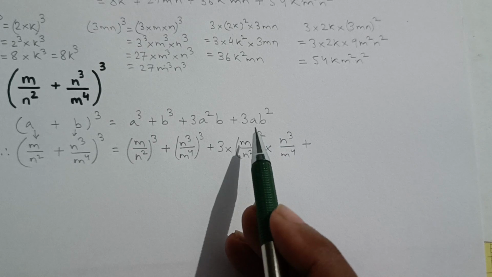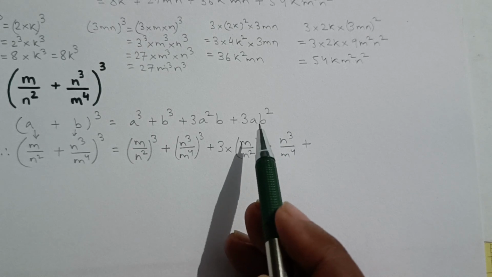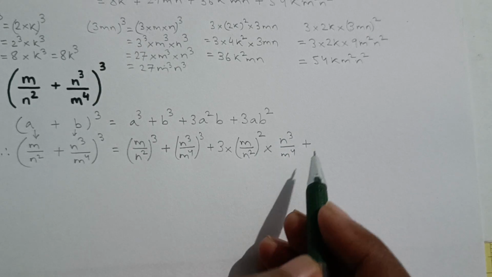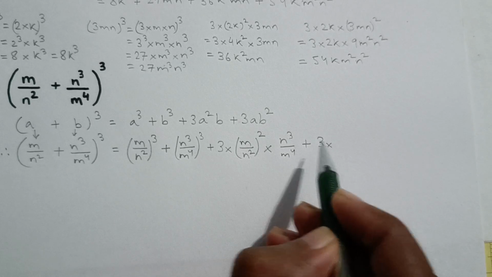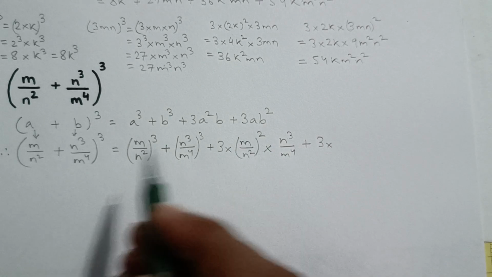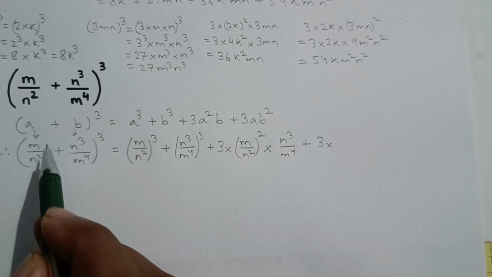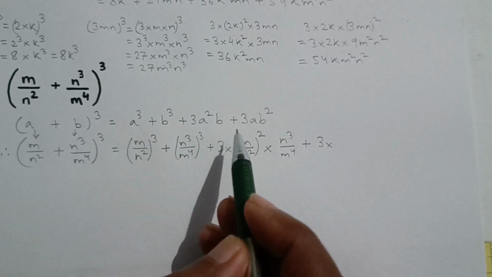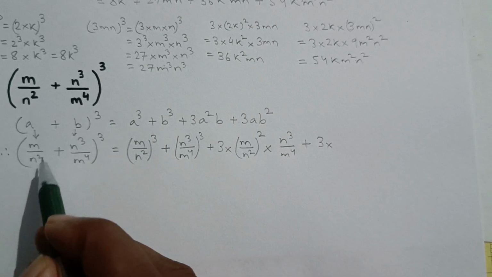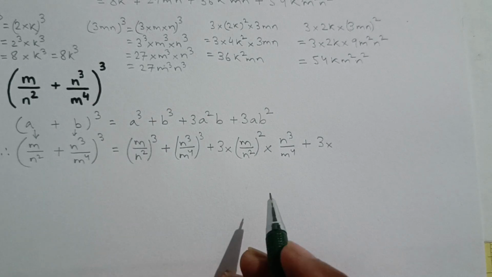3ab square. 3ab square means 3 into a into b square. So 3 into a. A corresponds to m upon n square. So instead of a, I will write m upon n square.